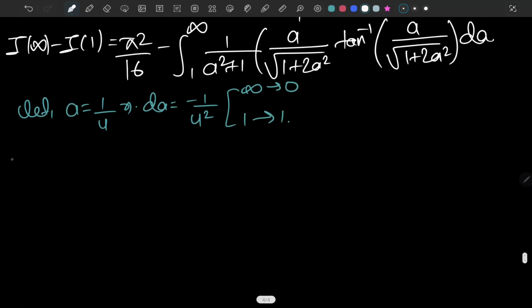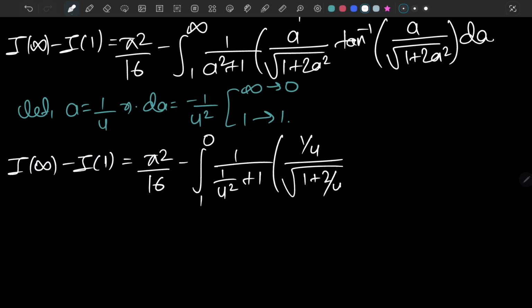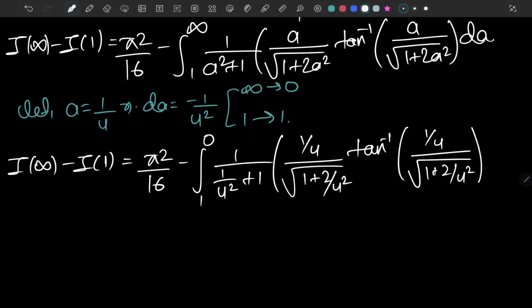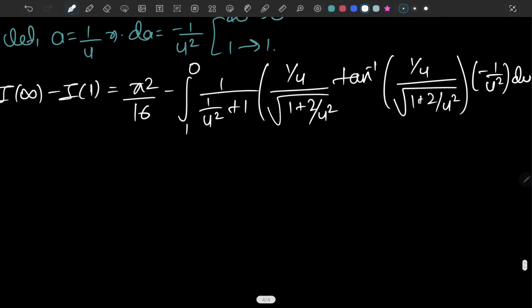So I of infinity minus I of 1 equals pi squared over 16 minus the integral from 1 to 0 of 1 over u squared plus 1, times a which was 1 over u over the square root of 1 plus 2 over u squared, times arctangent of 1 over u over the square root of 1 plus 2 over u squared, times minus 1 over u squared, du.